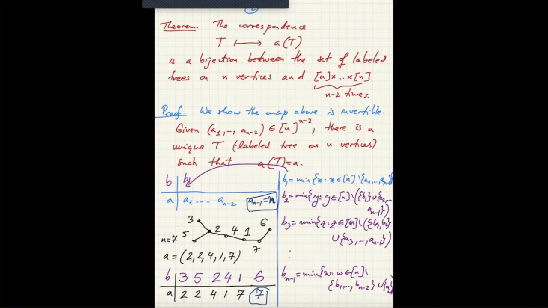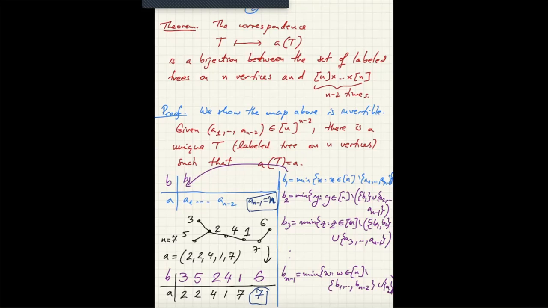Okay, so this is the tree that we get, and you can double check that by applying the procedure in the proof of code encoding, you get this tree.